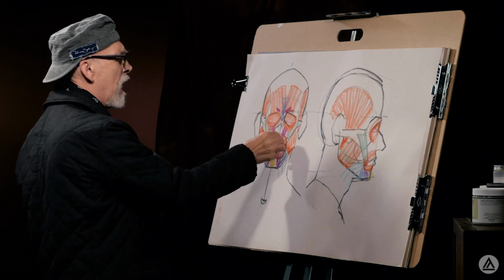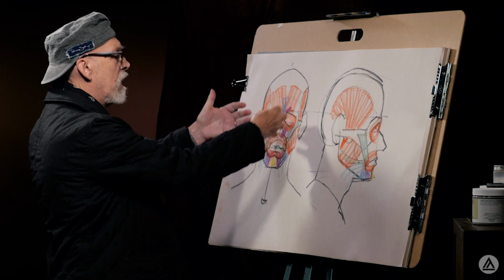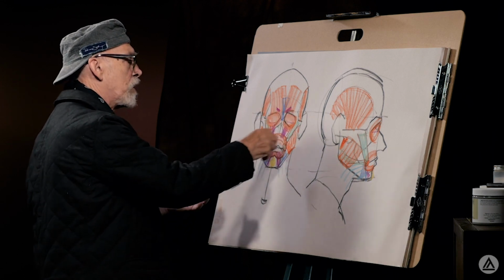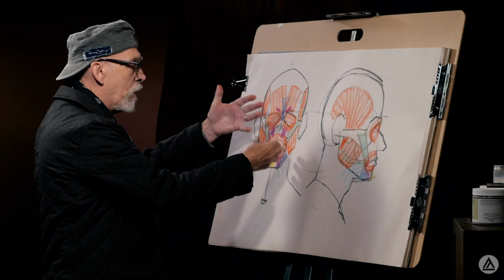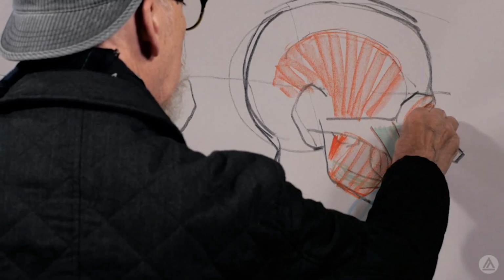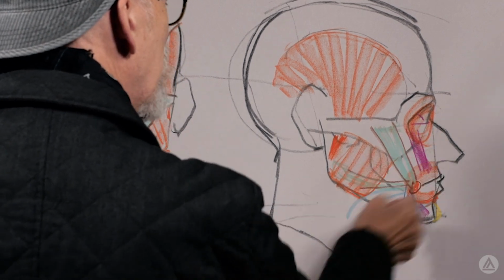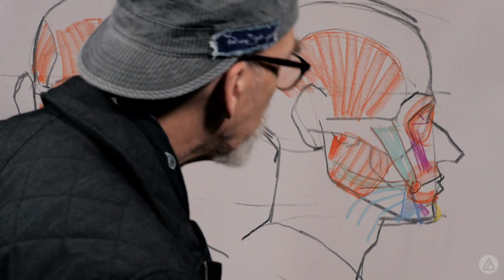That is also a levator that helps lift and adjust this orbicularis oris and the whole upper jaw. And so from the side, that takes this position right into that orbicular muscle.